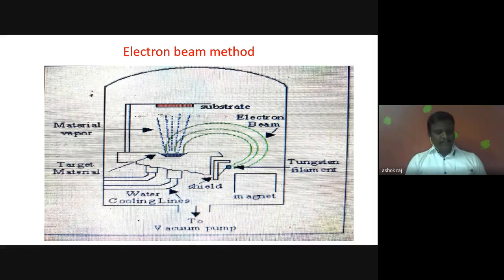The purity of thin film coating is high using this method, since this deposition is carried out in high vacuum. Also, the rate of deposition can be regulated to be as low as 1 nanometer per minute to as high as a few micrometers per minute. Okay, these are the important advantages of this electron beam method.